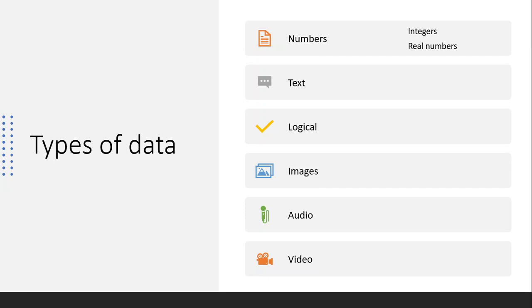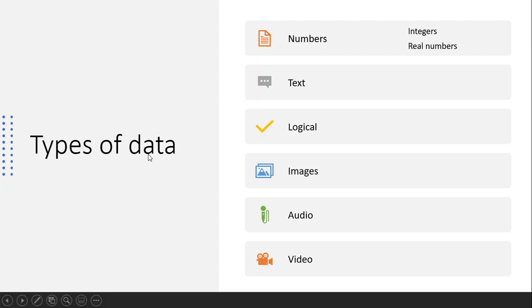Qualitative means we can have some text, and that text can have the description of something. So it may not be a number, although you must remember a computer is a digital electronic device.